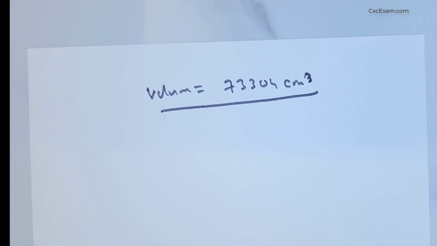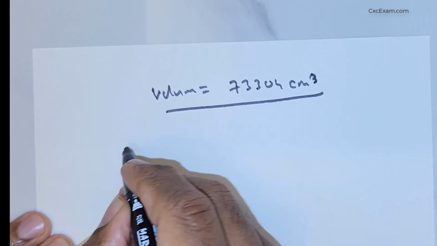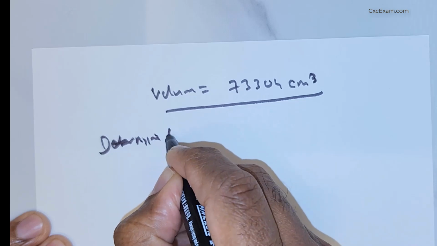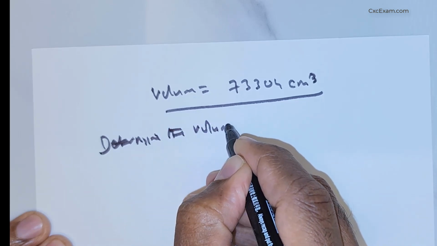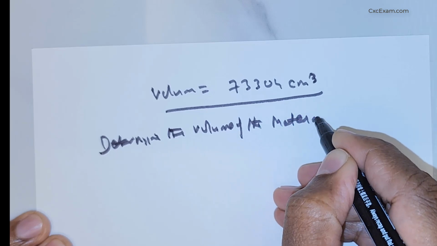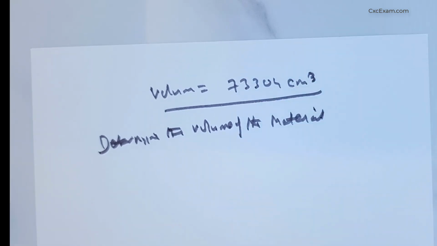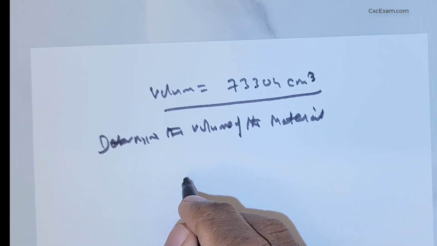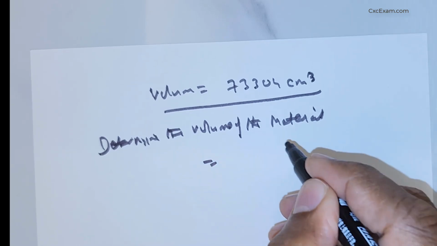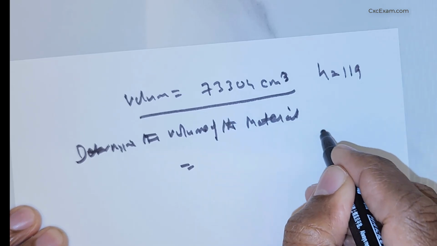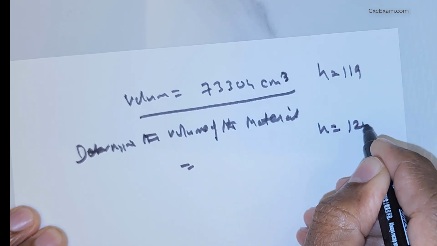Now we will have to determine the volume of the material. For that we will have to get two volumes. The inner one is with the height of 119, but we will have to find the volume with height 120.